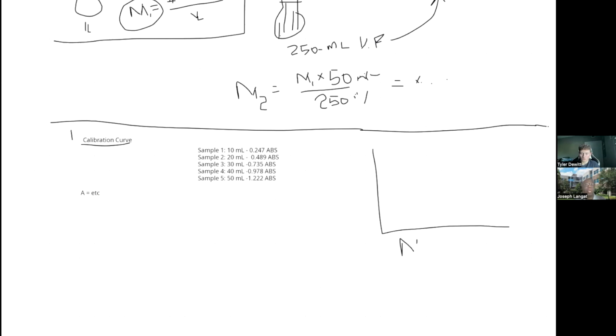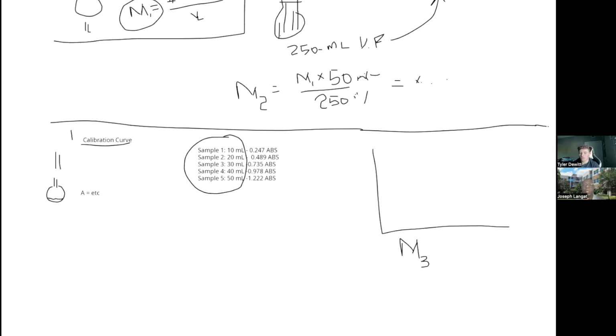Remember, these solutions are from a 100 mL volumetric flask. You delivered different volumes from the pipette into the 100 mL volumetric flask, developed the color for 5 minutes, and then collected the absorbance values to get these values, correct?